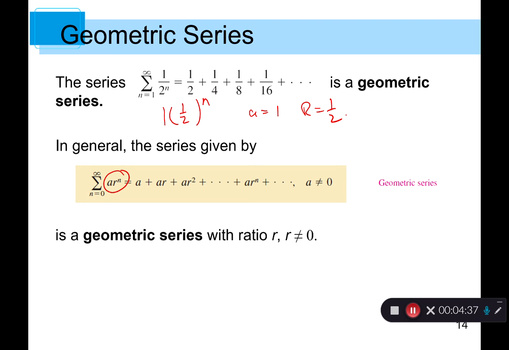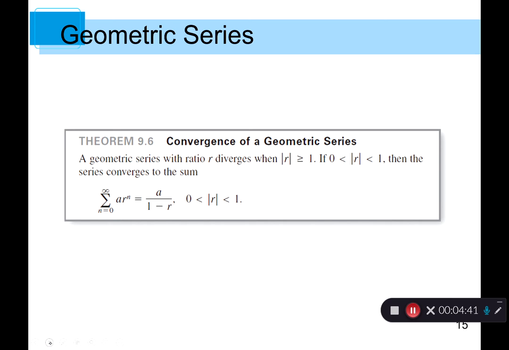As long as r doesn't equal 0, it is a geometric series. A geometric series diverges when the absolute value of r is greater than or equal to 1. Notice the absolute value of r. All right? It is convergent when the absolute value of r is in between 0 and 1. If it's convergent, you can use this to get the sum of your series.